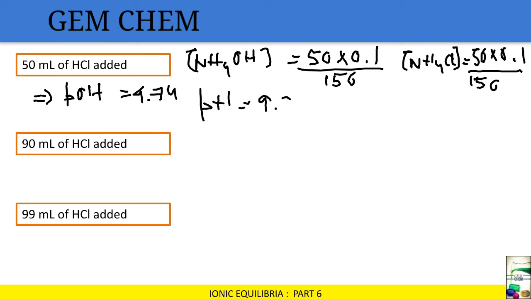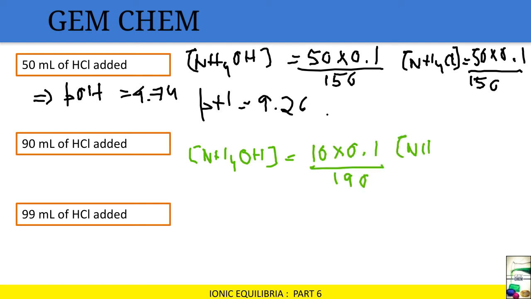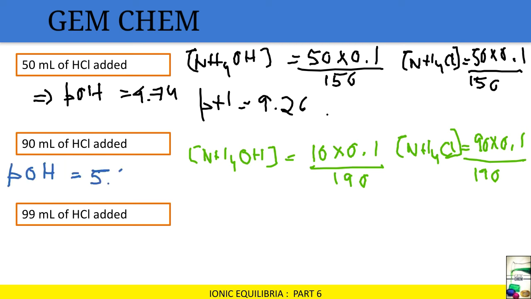Now for the 90 ml of addition, same case, so here NH4OH will be 10 ml left, 0.1 divided by 190, and the salt will be 90 ml formed, so 90 into 0.1 by 190. pOH comes to be 5.699 and pH will come as 8.301.